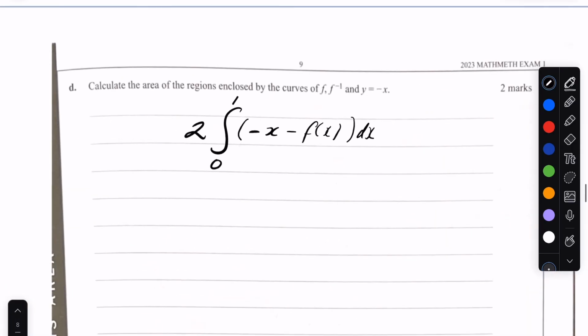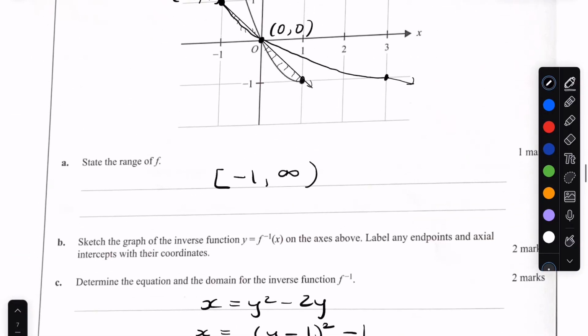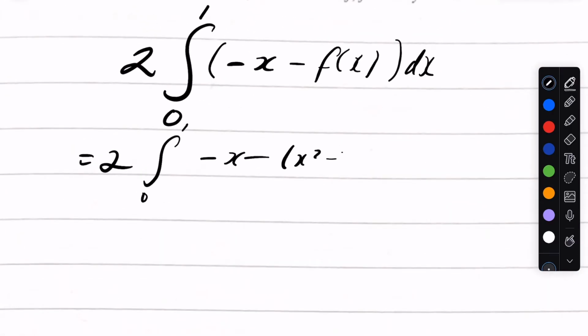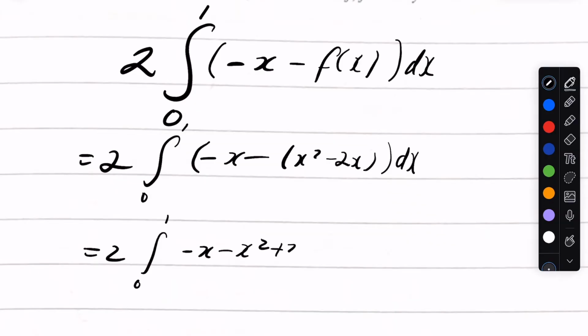So here you can say that that's 2 times the integral from 0 to 1 of -x minus, and f of x is x squared minus 2x. Which is 2 times the integral from 0 to 1 of -x minus x squared plus 2x dx.